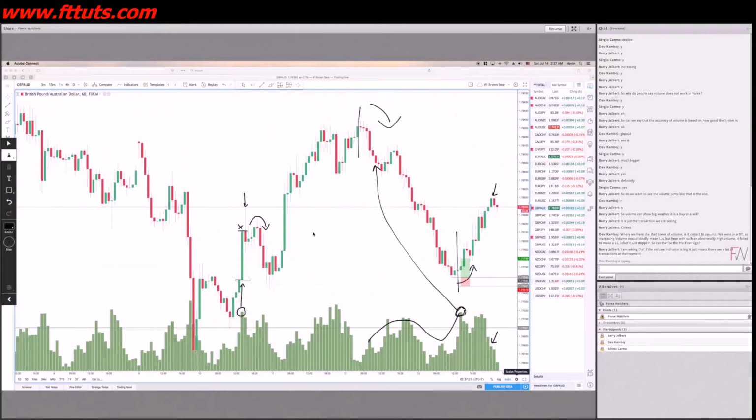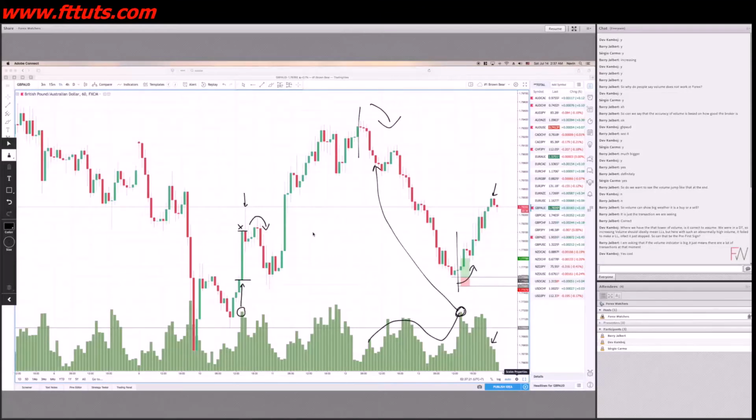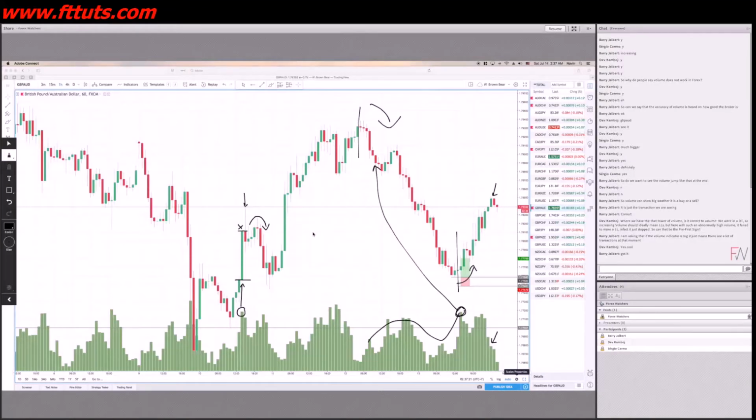Barry, I am asking that if the volume indicator is big, it just means there's a lot of transactions at the moment. Yeah, absolutely. That's what it is, right? It's representing activity in the market. And if you're trying to work with the flow of the bigger boy, then you understand what that activity means.